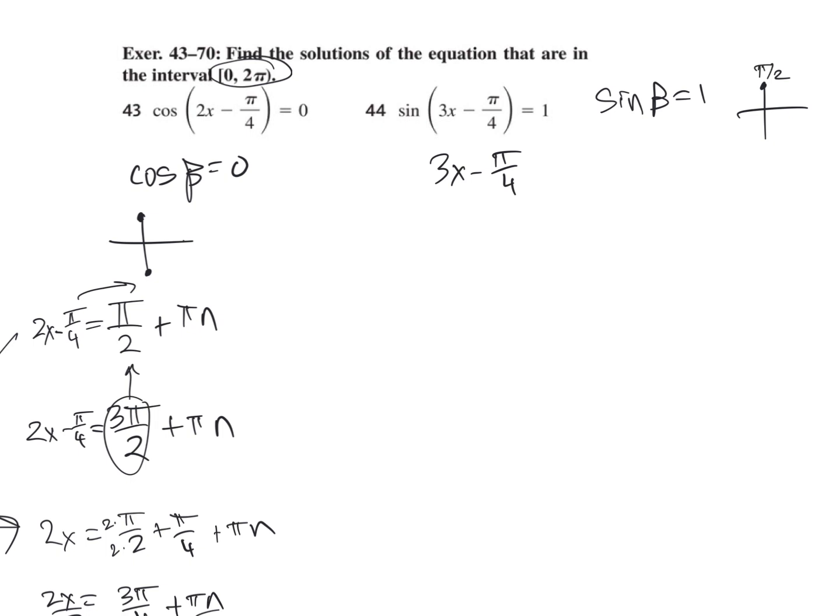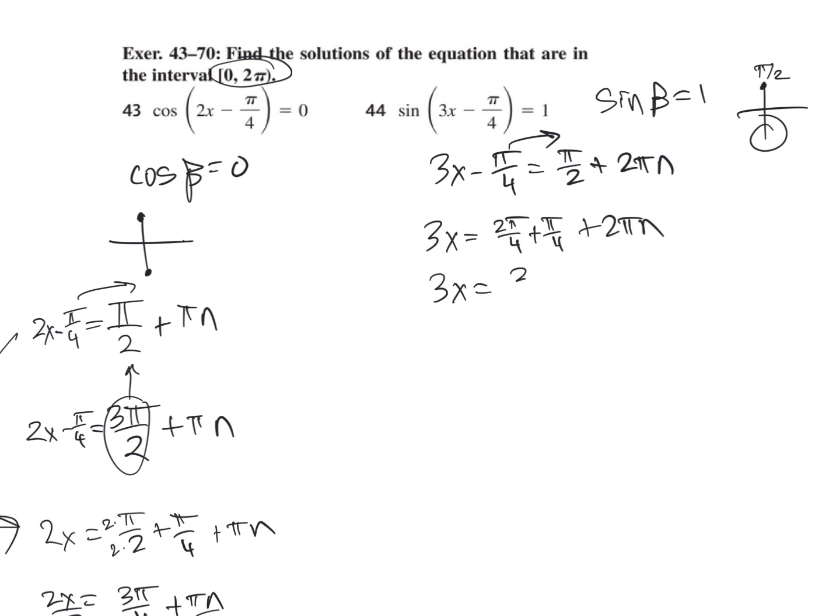So now what we do is we say 3x minus pi over 4 is equal to pi over 2 plus 2 pi n, because y is not 1 down at 3 pi over 2. It's negative 1 down there. So it's only positive 1 at pi over 2. So add pi over 4. So 3x equals pi over 2 plus pi over 4 plus 2 pi n. 3x equals 3 pi over 4 plus 2 pi n.